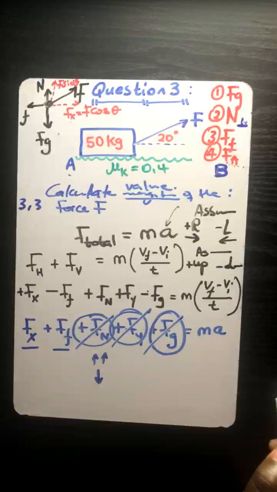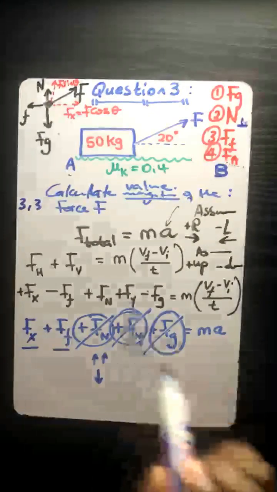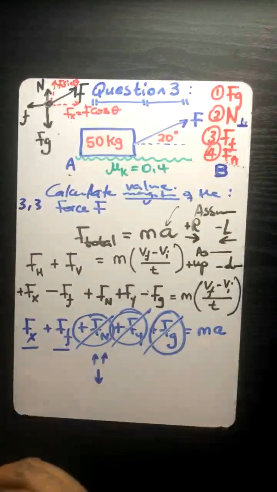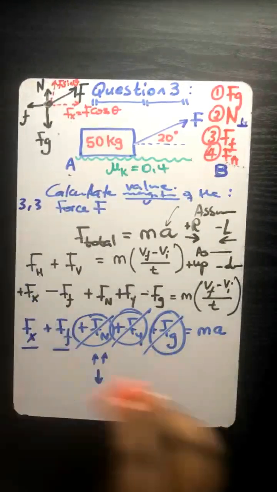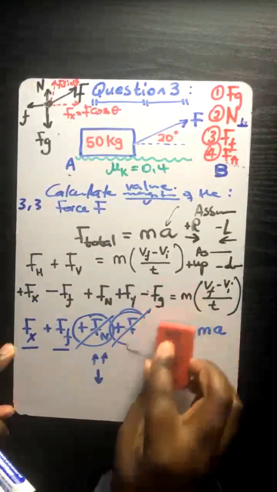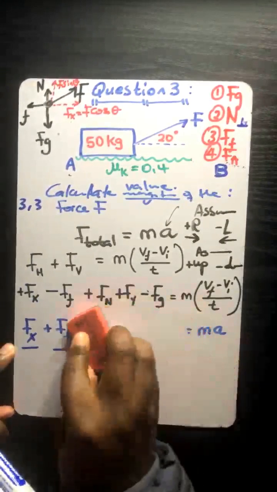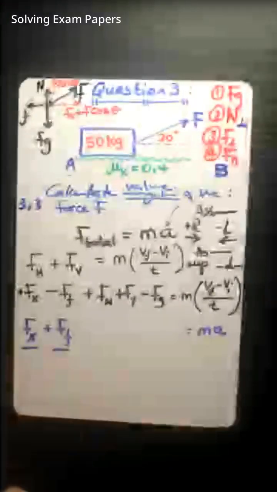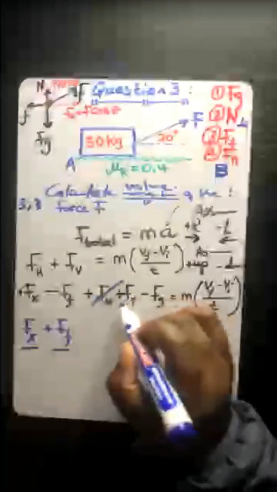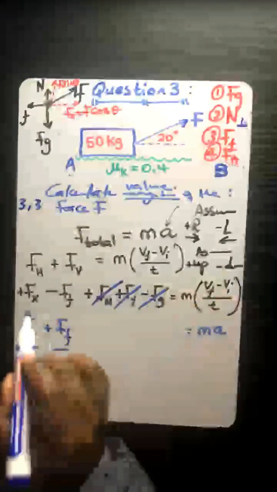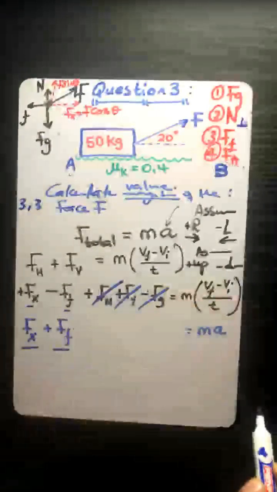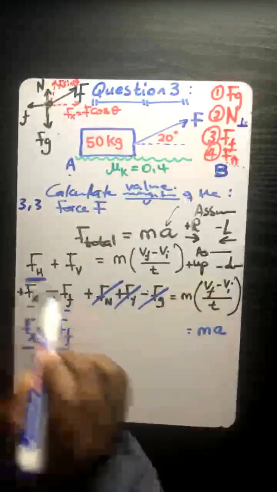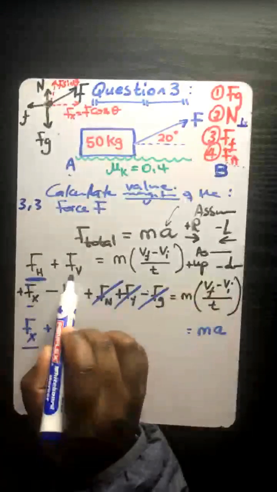Why? Because there is motion. So when you formulate, you end up not having these forces, because the object is not moving up and down. So what I'm saying, honorable members, is that this force cancels with those, and you end up having these two forces, because the object is moving in the horizontal direction and not vertically.